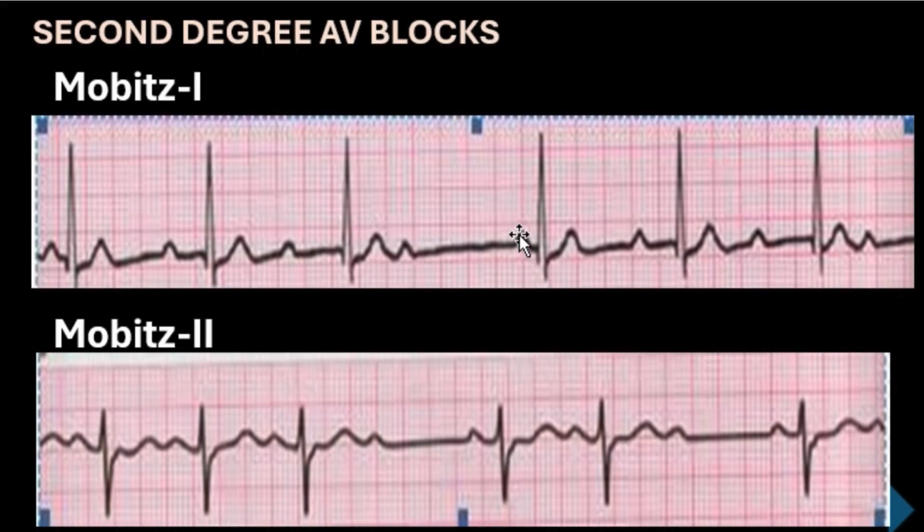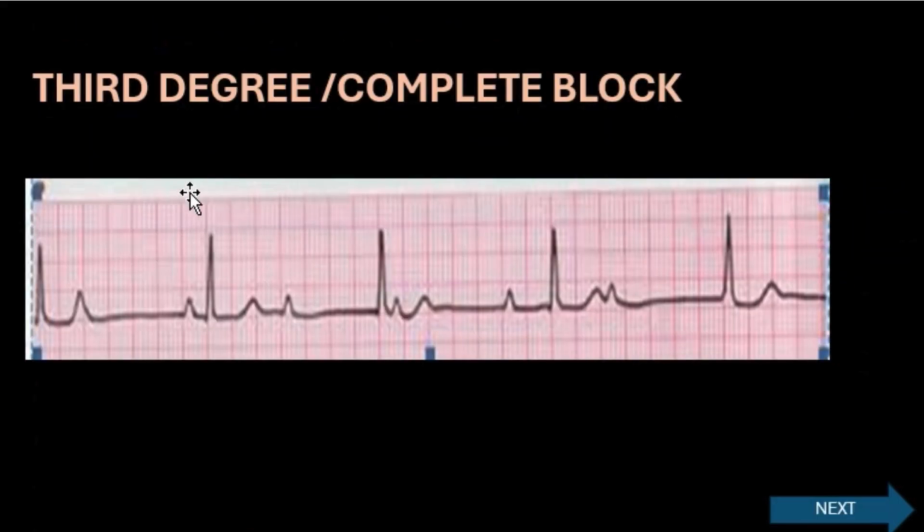Again here it keeps on increasing and then one missed beat. But in Mobitz type 2, the PR interval will be fixed everywhere, but multiple P waves are without QRS complex. That is type 2. Then type 3 or complete heart block, where there is no relation between P wave and R wave. So that is the complete heart block or third degree heart block.